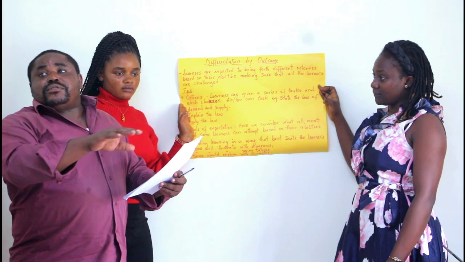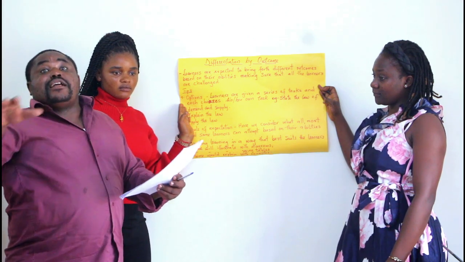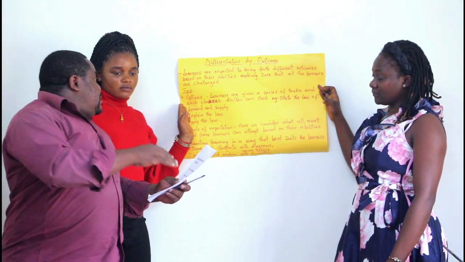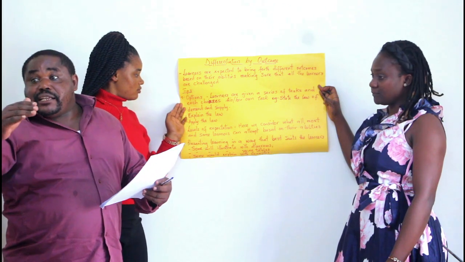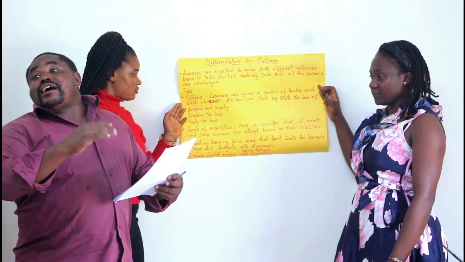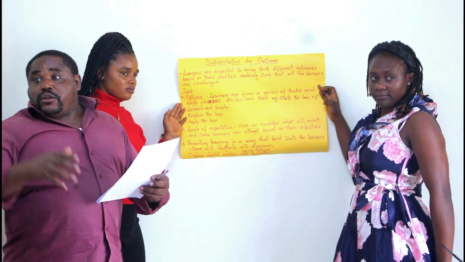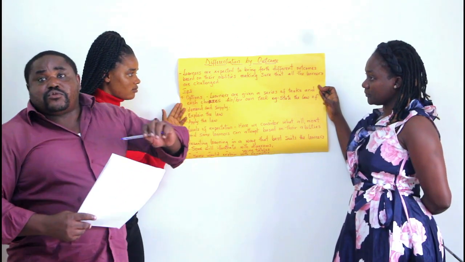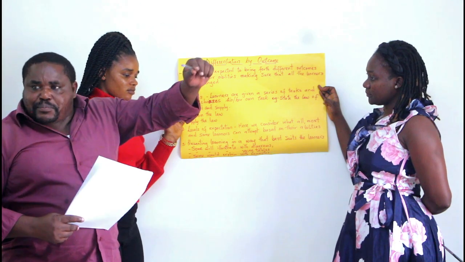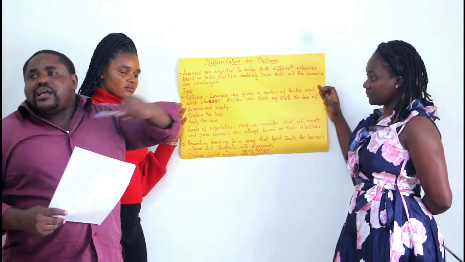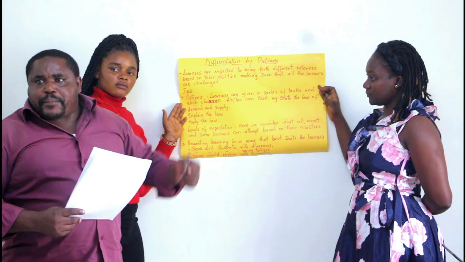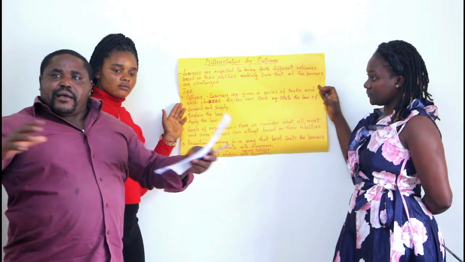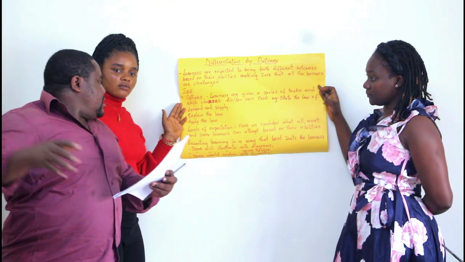Candidates at the lower level are simply able to state the laws of demand. Others can go as far as explaining this law of demand. Meanwhile, others can go as far as applying the laws of demand. So we see a candidate who can simply state, others who can go far into explaining and giving details about this law, and others who can even apply the law. All of them, we have different outcomes from this candidate.